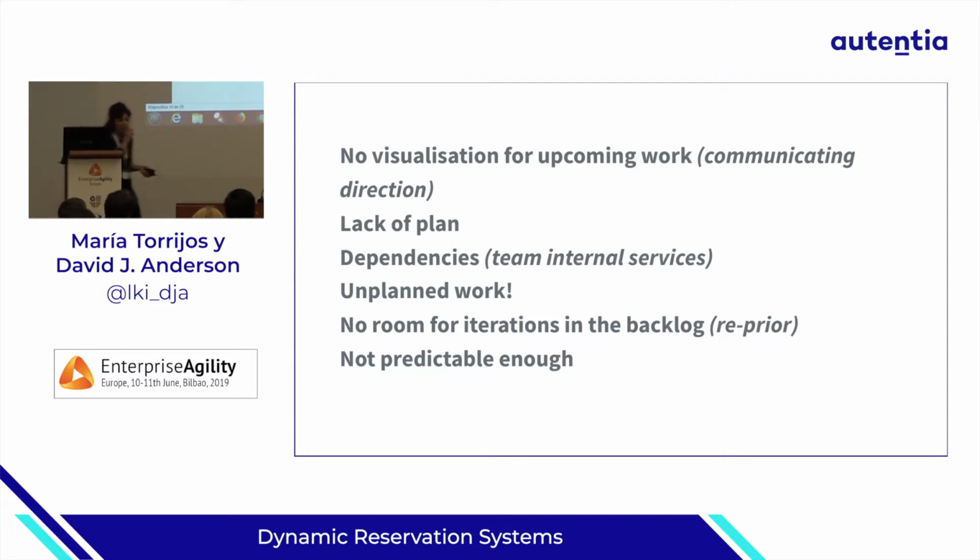So I started with a very simple, very basic solution inspired by David's model. I need to be honest, I got some feedback from some people in the Agile community saying that this was maybe too simple, but it was very effective.